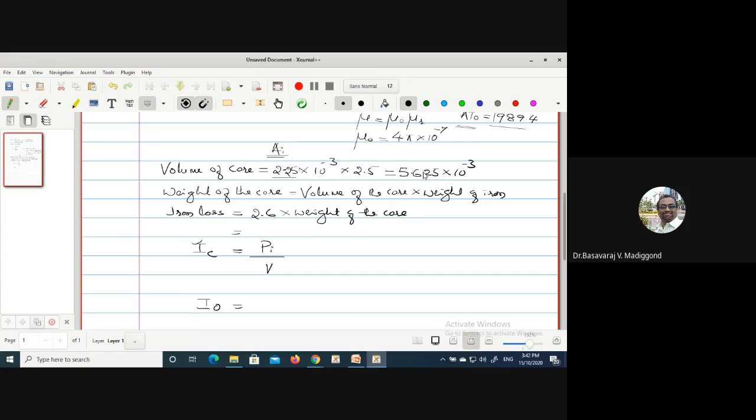This is what you will get. This is the volume of the core.